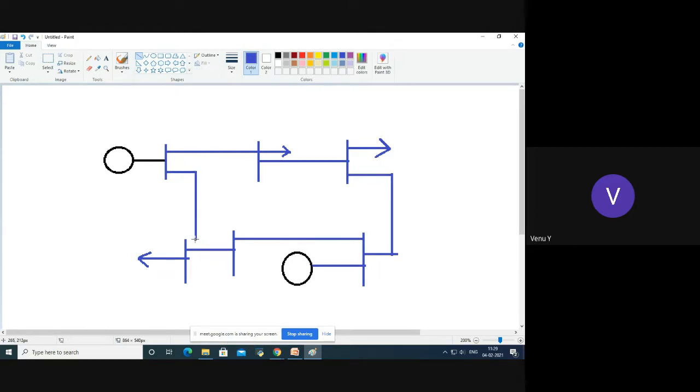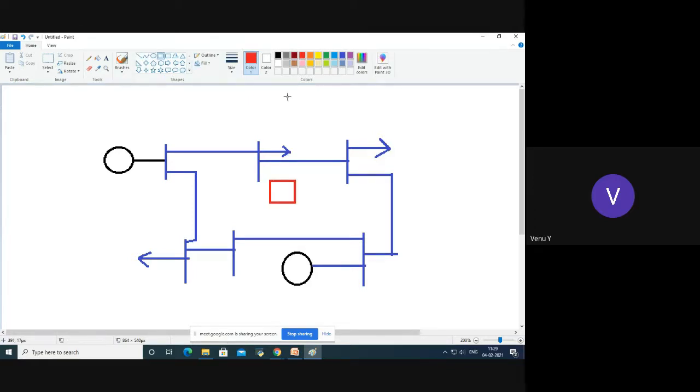If you have this kind of system, you can place the compensator at a particular point. Let us have the compensator at a particular point here.